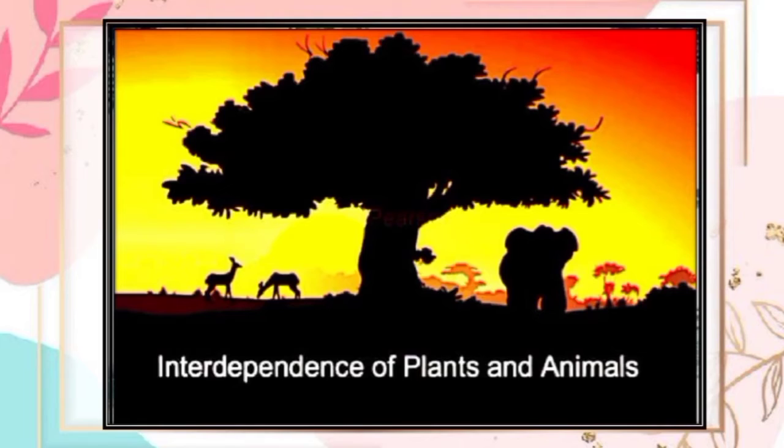Besides, plants also give out oxygen, which is needed by animals as well as human beings to breathe. And animals in return give out carbon dioxide. Even human beings give out carbon dioxide, which is needed by the plants for photosynthesis.